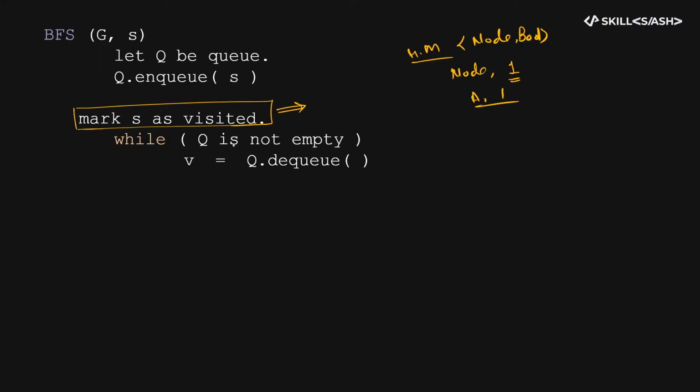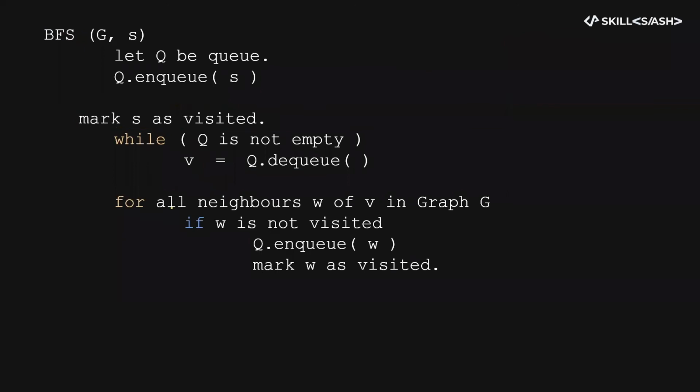And then if the queue is not empty, you dequeue the node, you process it, and all the neighbors of that node V in the graph, if they are not visited, you put them into the queue. Now, whether they're visited or not, you can define it in many different ways.